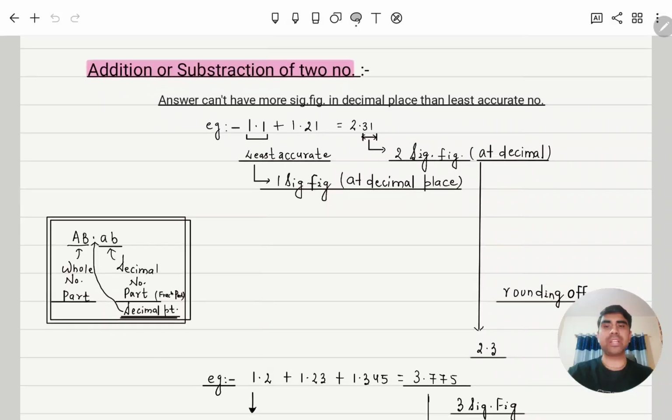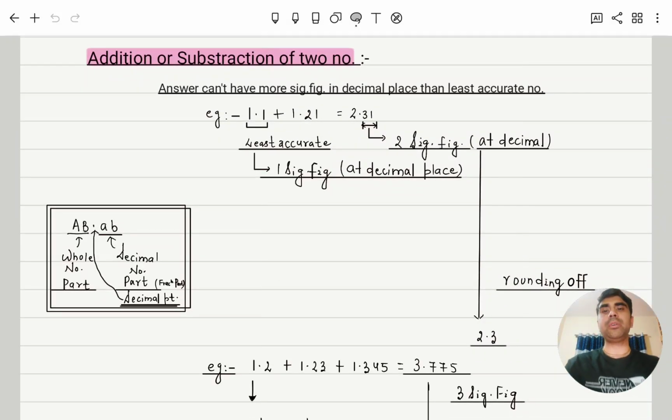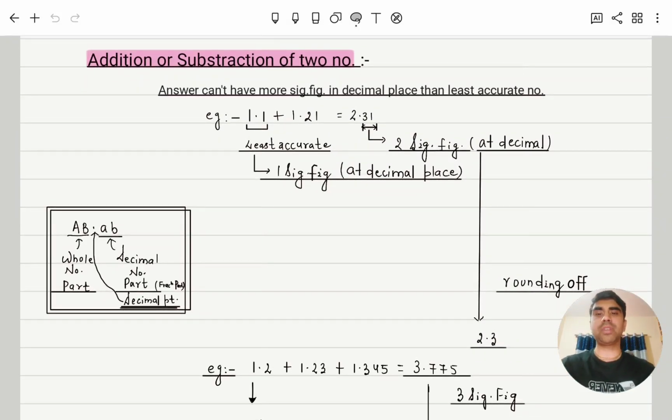Clear? Now coming to addition, subtraction, multiplication and division of significant numbers. The answer cannot have more significant figures in decimal places than the least accurate number. Means what? When you are adding two or more significant figures, the one which is the least accurate, which has the fewest significant figures, that many significant figures should be there in your final result.